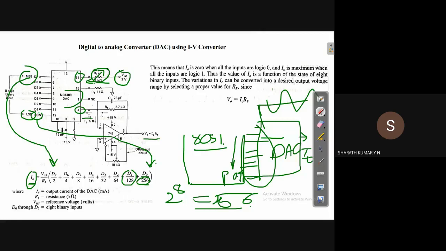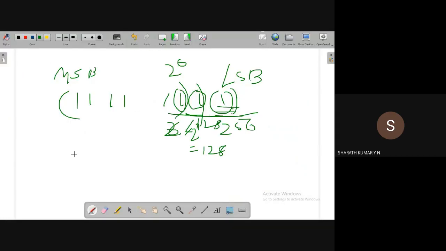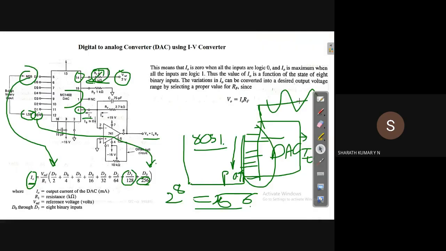For example, let us say the digital data output is 0 0 0 0 0 0 0, and only the LSB bit is 1. What will be I0? I0 is equal to Vref divided by R1, which is constant, times all these terms, which will become 0.